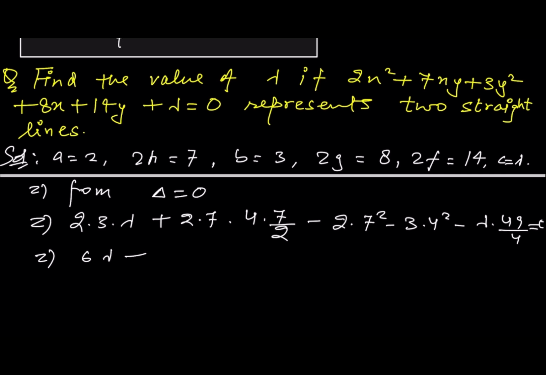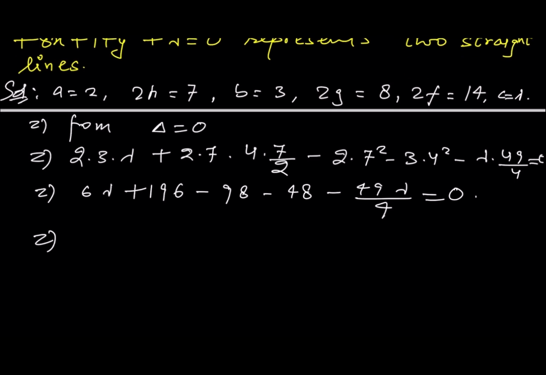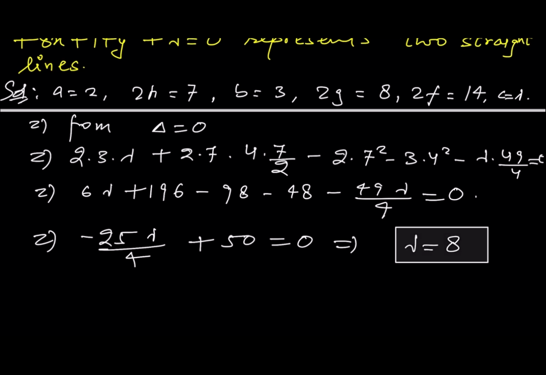Or 6 lambda plus 196 minus 98 minus 48 minus 49 lambda by 4 is equal to 0. So minus 25 lambda by 4 plus 50 is equal to 0 gives you lambda is equal to 8. So lambda is equal to 8.